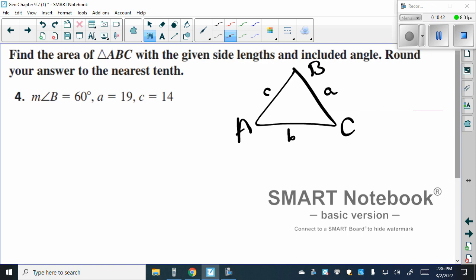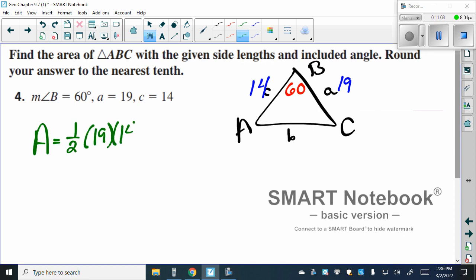Now it told us that angle B is 60 degrees. We know that side length A is 19, and C is 14. Okay, so the angle is in the middle, so this does work. And we can say that the area is equal to 1/2 of 19 times 14 times sine of 60.